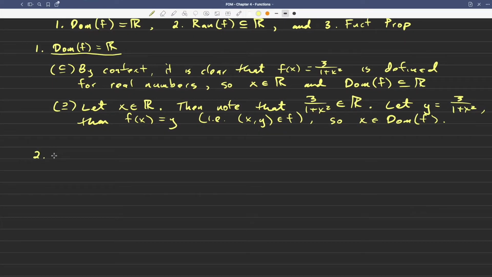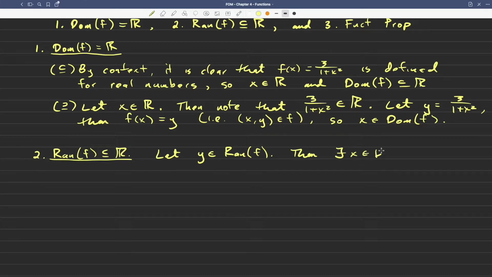Second thing we want to establish is that the range of f is a subset of R. So to do that, let y be an element of the range of f. Well, that means there exists some x in the domain, which we already established was the real numbers, that pairs up with y. And if we use the function notation, that means f of x is equal to y.